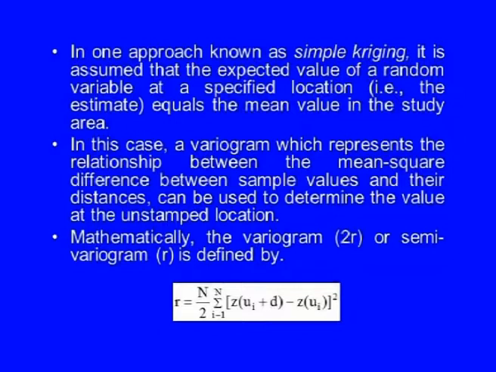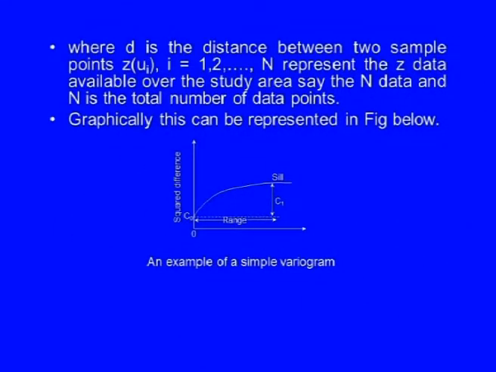Mathematically, the variogram of radius 2r or semi-variogram of radius r can be defined by the equation given below, where r equals 1 by 2n times the summation of i equals 1 to n of (z(u_i + d) minus z(u_i)) whole squared, where d is the distance between the two sample points, z(u_i) is the value at the points in the study area, and n is the total number of data points available.